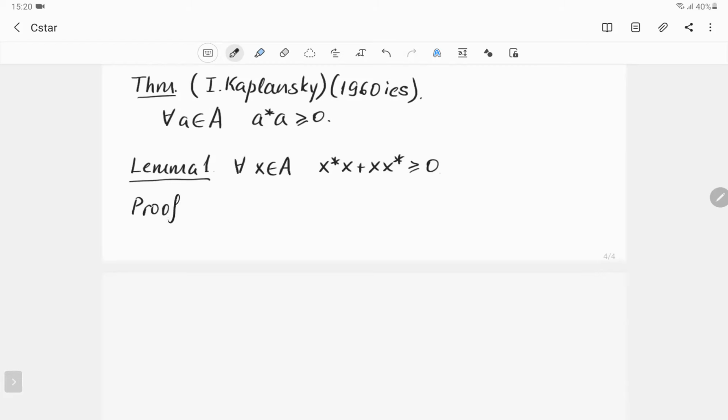To prove this result, we decompose x as y plus iz, where y and z are self-adjoint. Well, then we take the star. We see that x star equals y minus iz.